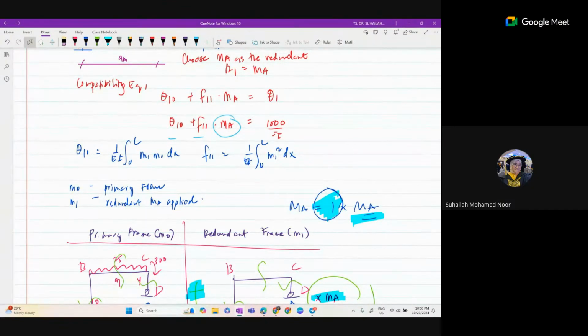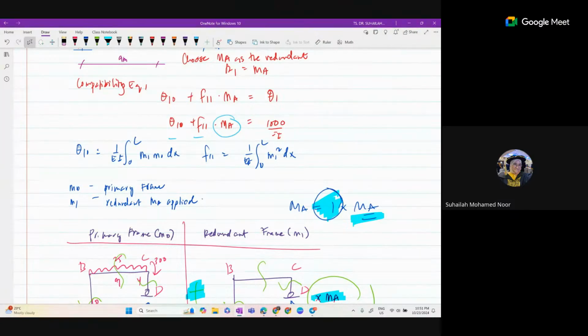Without support settlement, what is the moment at A? With support settlement, what is the moment at A? Which is smaller, which is bigger? And explain why. Why, with support settlement, is the value bigger? You must have all the reasons. So you must understand the concepts: the effect from support settlement, flexural rigidity, material, the cross-section area, the size of the element.